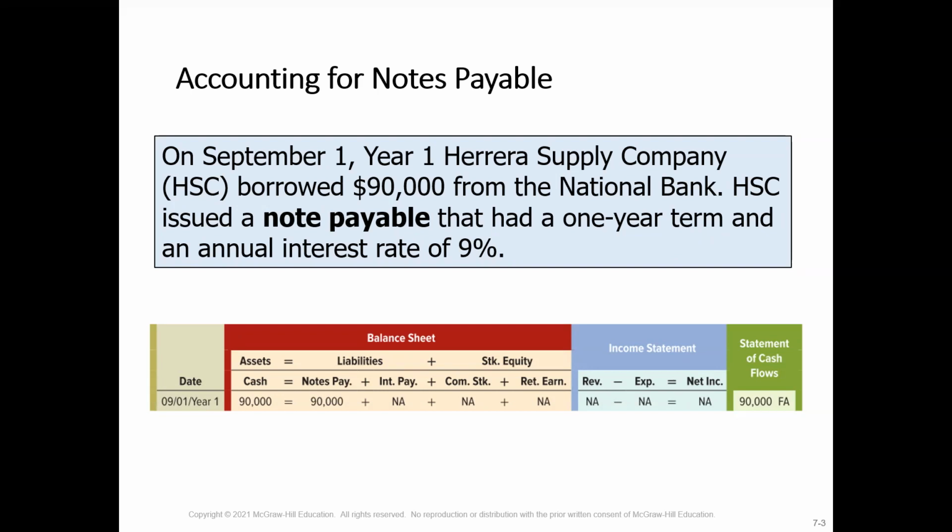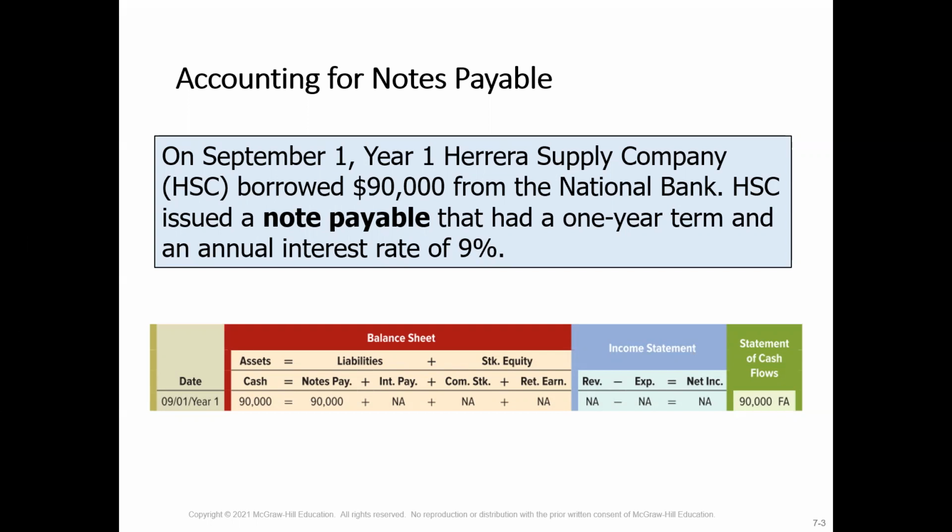We do need to take note of the terms of the note, and those are given to us in the problem data. Down the line, we will be asked to calculate interest. And generally these problems, whether in the form of the book or something like on an exam or a quiz, you're going to have a part year of interest to calculate before the end of the calendar year.